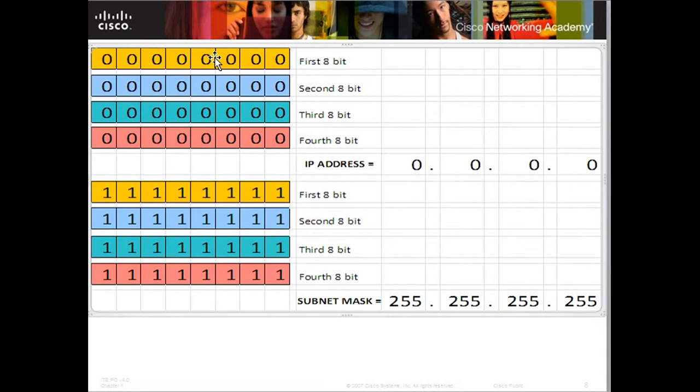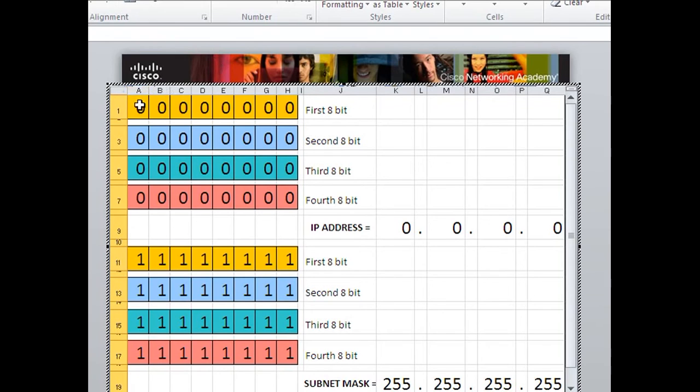So this is 192 dot 168 dot 20 dot. Now I'm playing with the first 3 bits. This first 3 bits set to 0 means I am getting the first subnetwork, so I'm just changing the color of it.